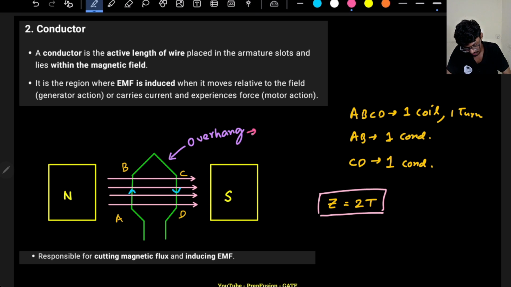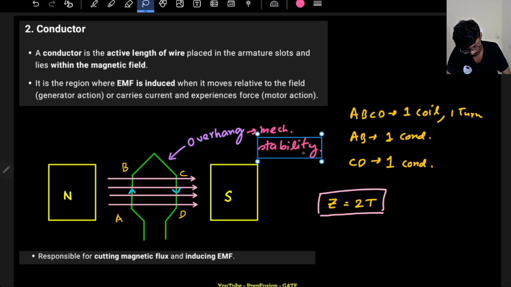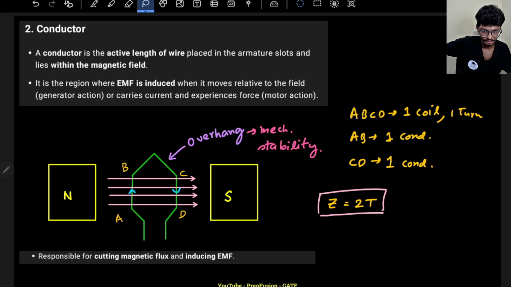It is present for mechanical stability. You will say, sir, this is a waste of space. No, there is a reason for it to be present. It is present for mechanical stability.